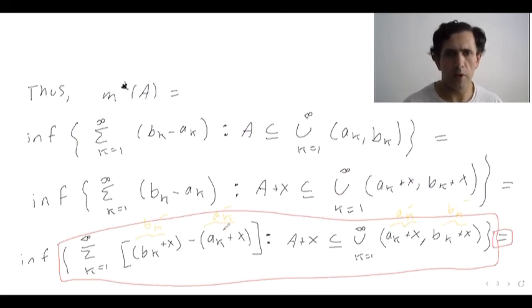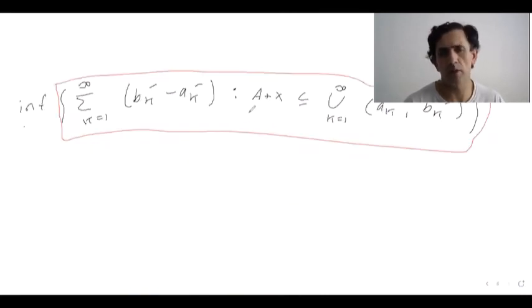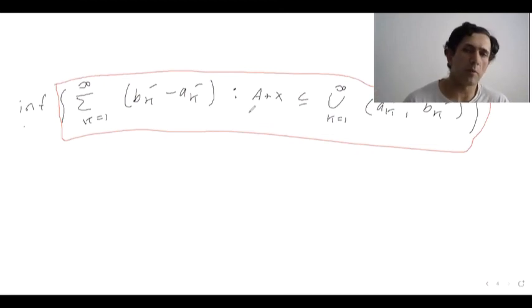Yeah, so this red boxed in set here is equal to this red boxed in set here. And henceforth, the infimums are the same. And of course, this is the definition of the outer measure of a plus x.